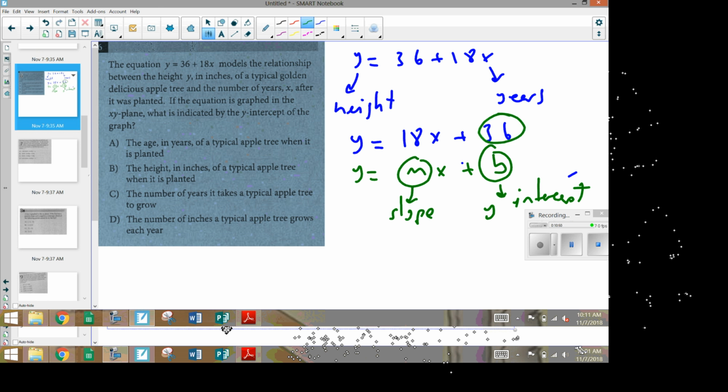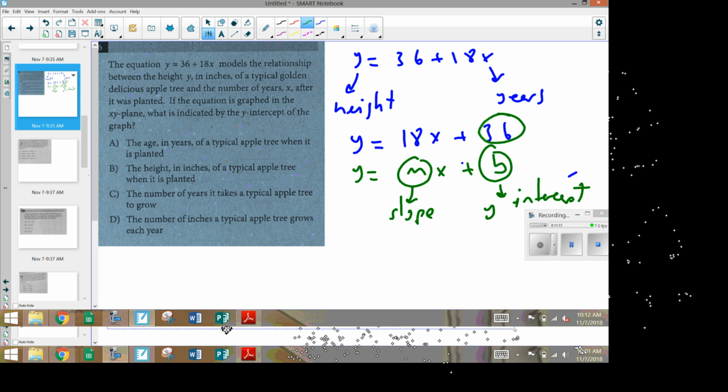Make sense? Now, let's think about the years. They plant a tree. Let x equal 0. They have just planted it. That makes y equal to 36. What does that represent? Yes, the current height of that baby tree, right?